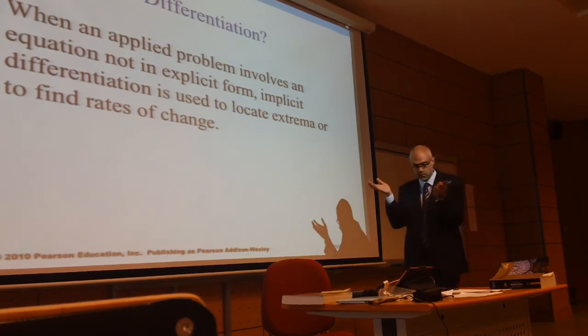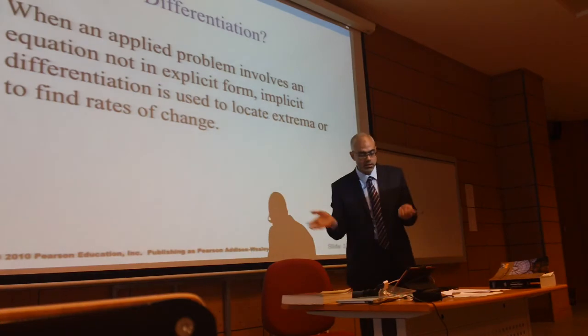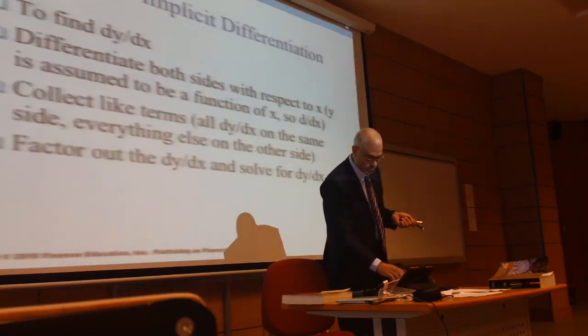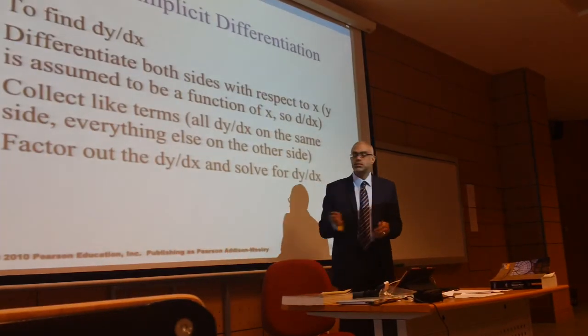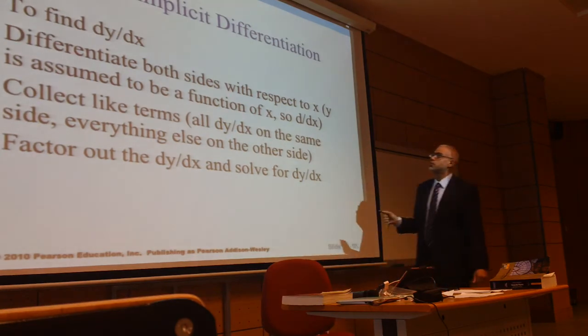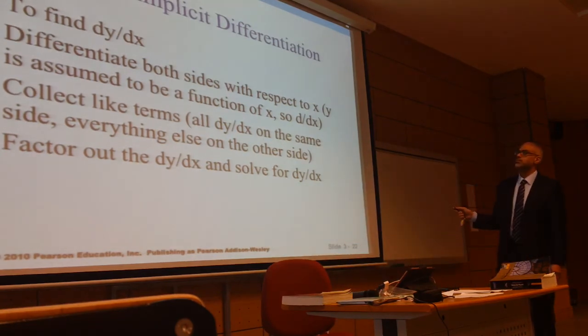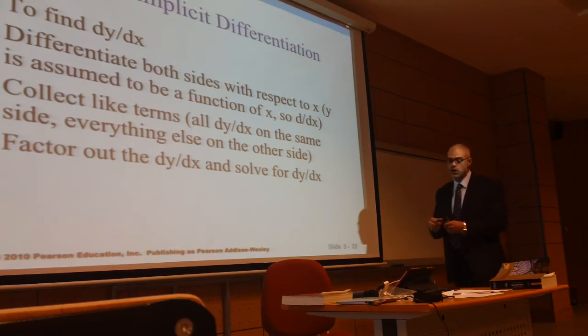We're going to see multiple examples of when this needs to be applied. To find dy by dx, we differentiate both sides with respect to x, and y is assumed to be a function of x. We collect all the dy by dx on the same side, everything else on the other side, factor out dy by dx and solve for dy by dx.